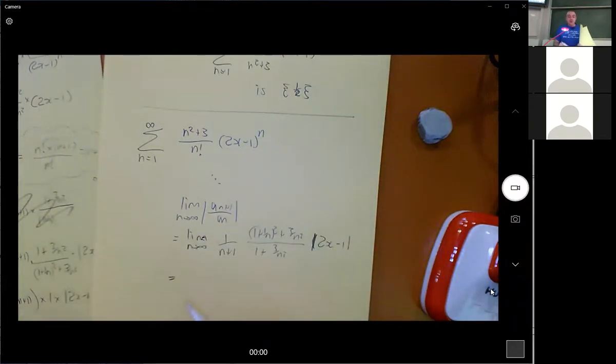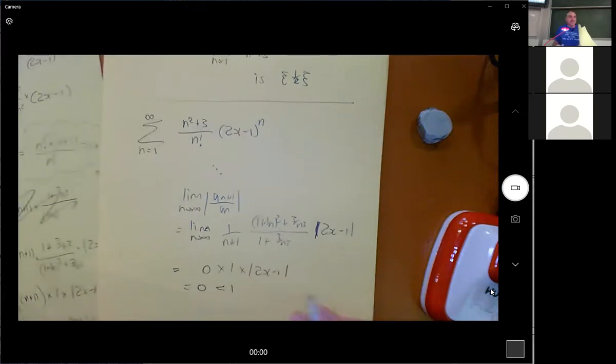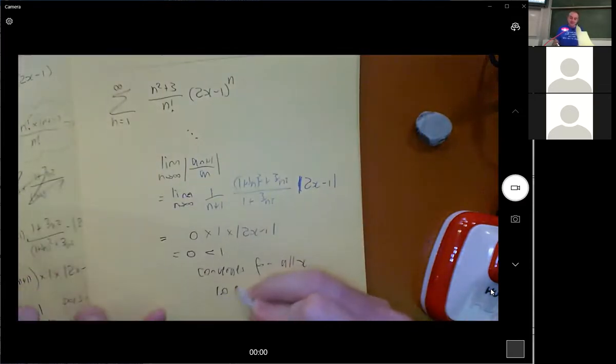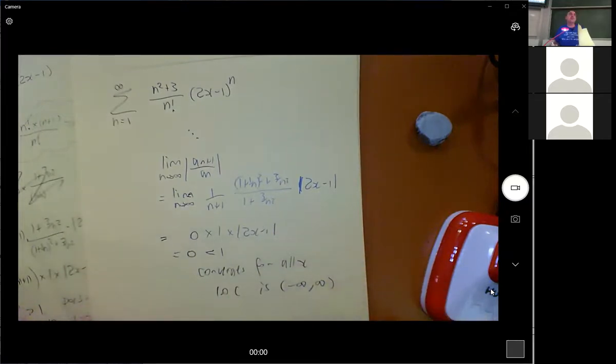This limit is 1, that limit is 0, and that will be equal to 0, which is always less than 1 no matter what x is. So it converges for all x, which means the interval of convergence is the entire set of real numbers.